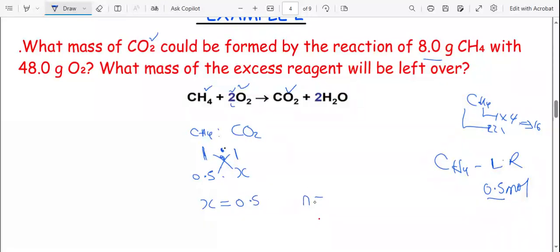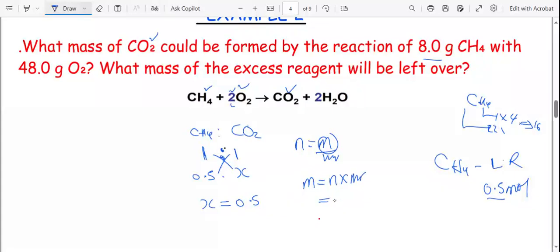We know how to find the mass now. The mass is given first from the equation of mole. We have mole is equal to mass over molar mass. Then that means mass is equal to mole times the molar mass.